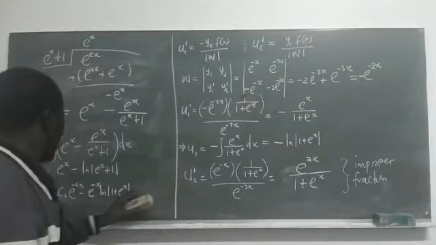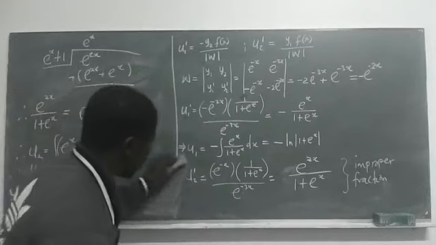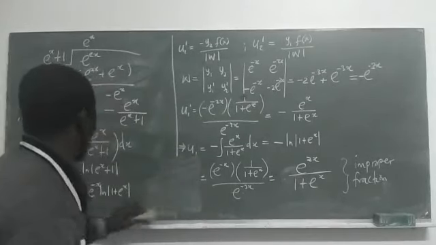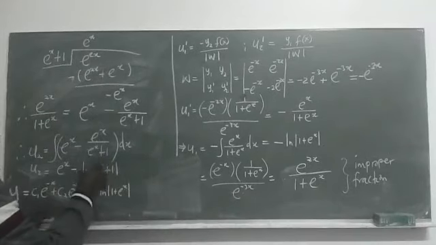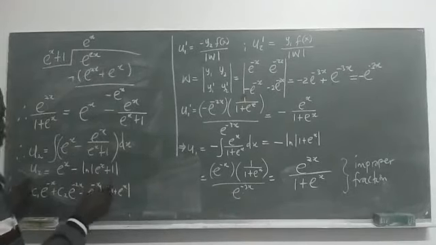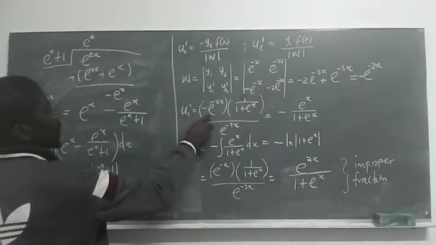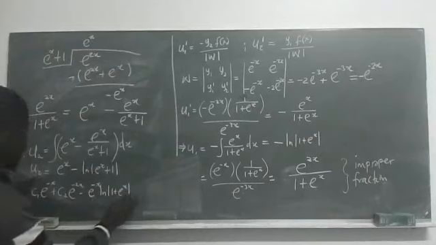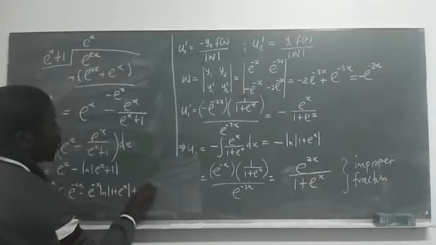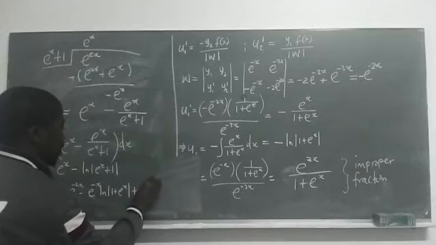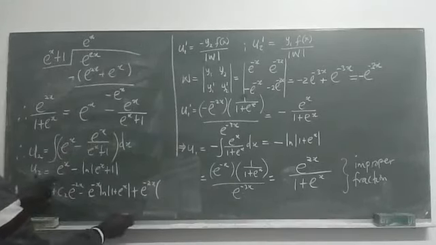Okay, so I want to write this other piece which says u2, y2. So this is my u2 and y2 was that. So this is going to be plus e to the power of minus 2x, open bracket, this is y2 times u2.